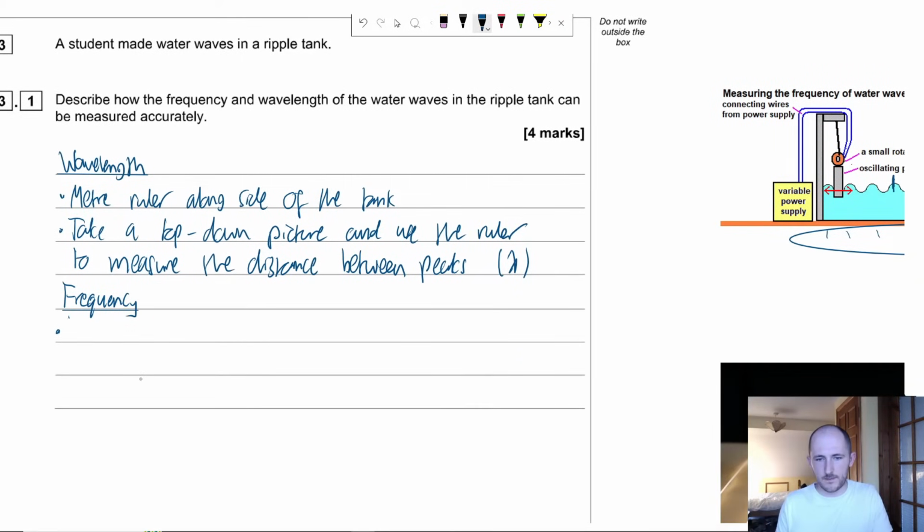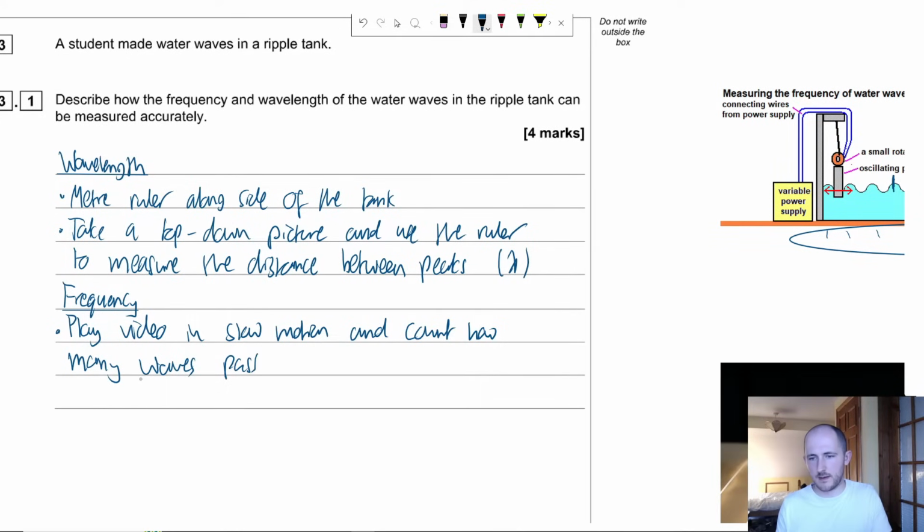So play video in slow motion and count how many waves pass a given point.